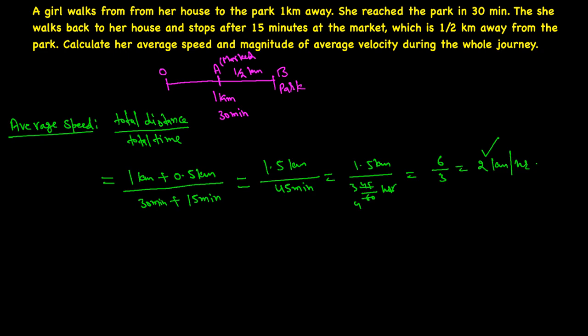Now let's find out her average velocity. So average velocity is going to be total displacement, not the distance, over total time.